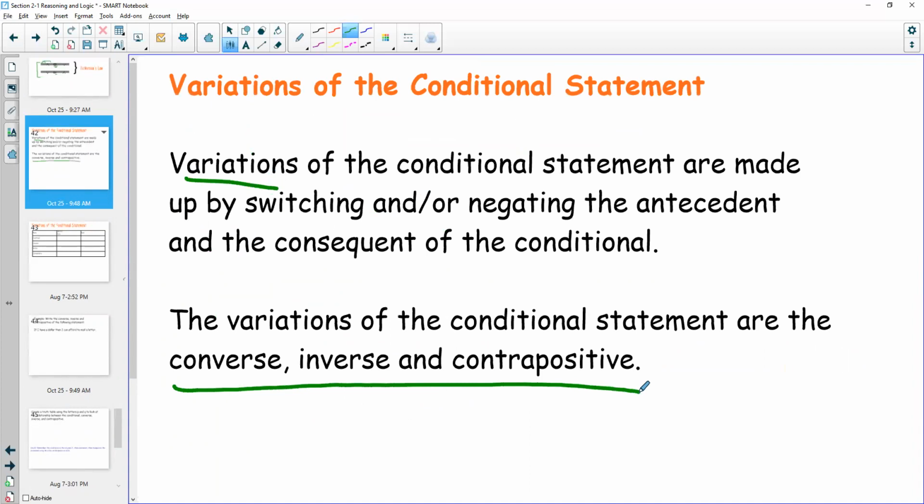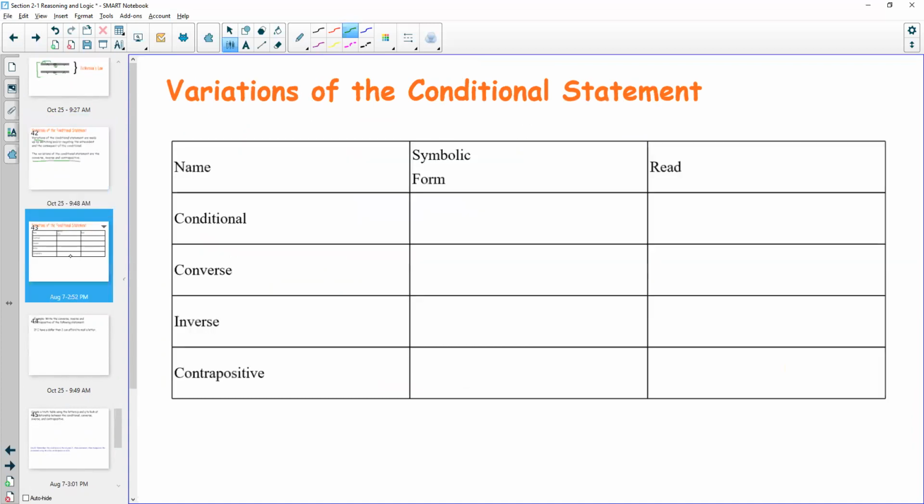Converse, inverse, and contrapositive. So what we can do is we can take a conditional, right? So a conditional is if P, I'm going to just do it in symbolic, right, and say them out loud. P, then Q. The converse, it switches the order of them.